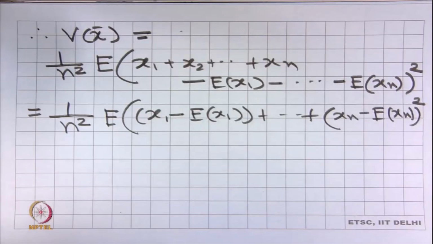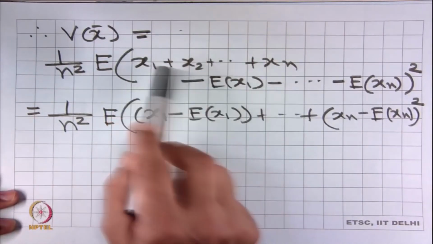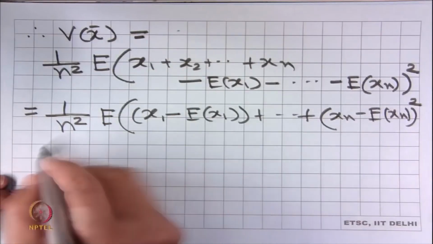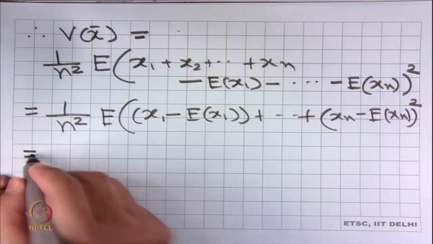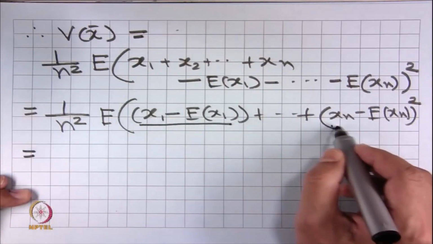So, what we have done? We have combined x i and expected value of x i together. This is equal to the square of n terms.